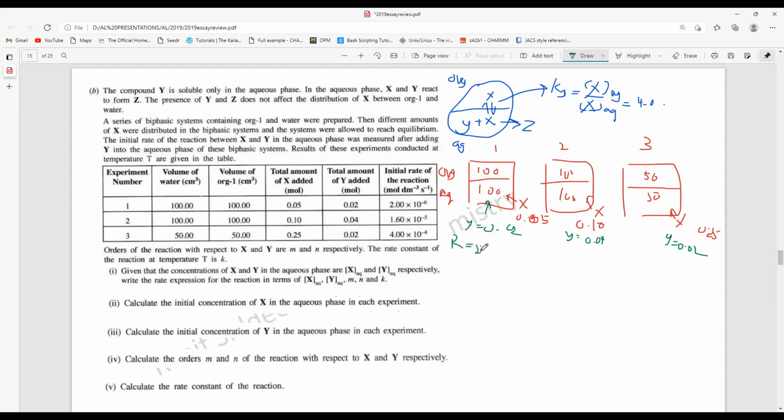This is 2 into 10 to the power minus 6, and here 1.6 into 10 to the power minus 5, and here 4 into 10 to the power minus 4. Right. So these are the things that they have given, and we have included all the things in this picture.